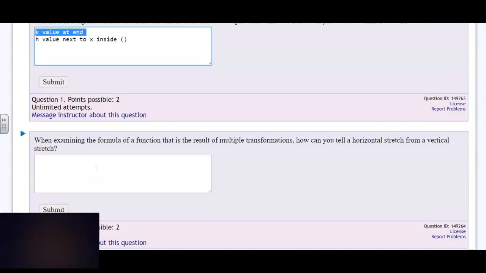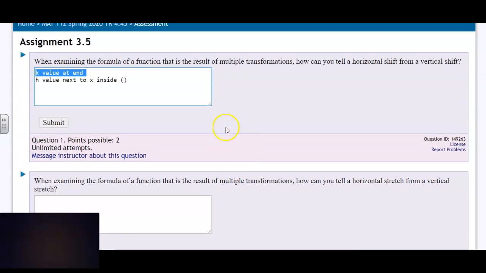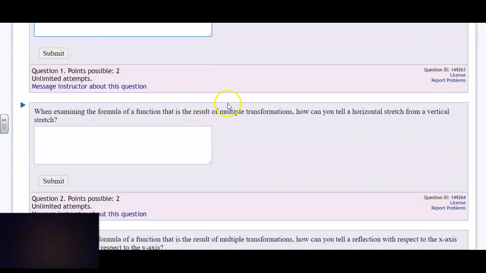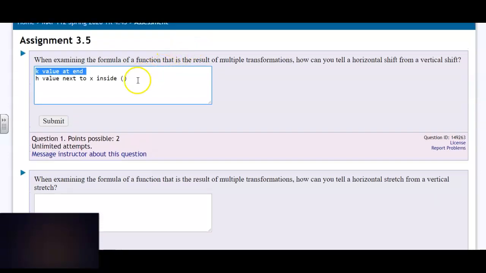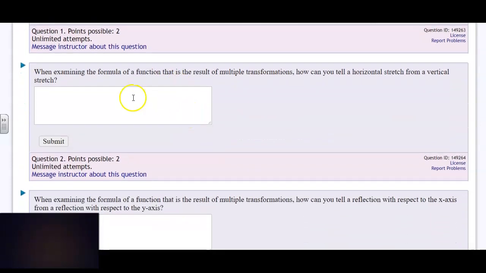Horizontal stretch and vertical stretch. The first ones were shifts, which is when you add or subtract a number. When you talk about stretches, you're talking about multiplying. So if you're doing a horizontal stretch, that's inside the parentheses, and you're multiplying.